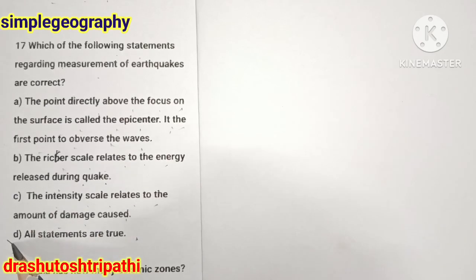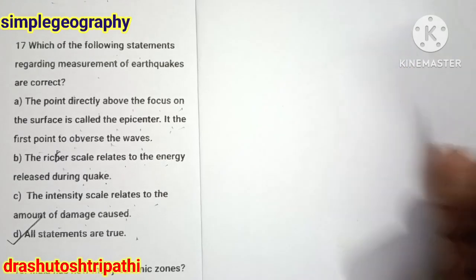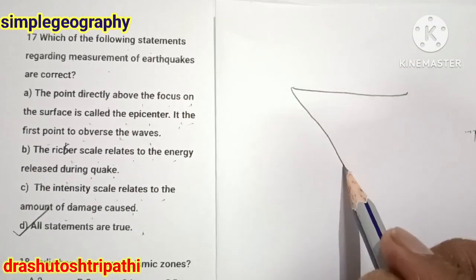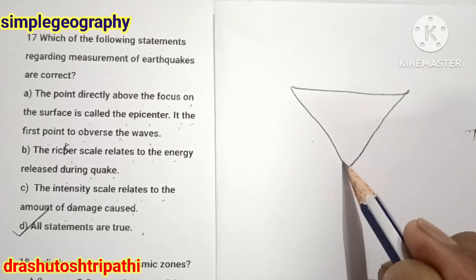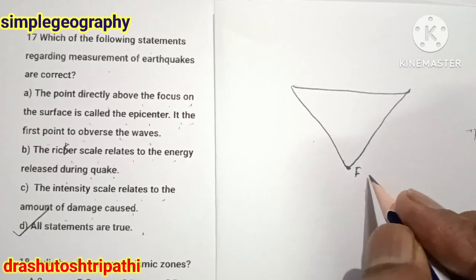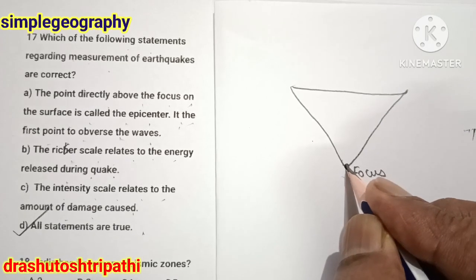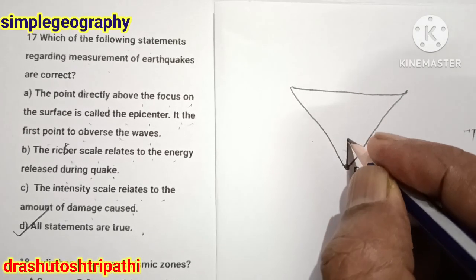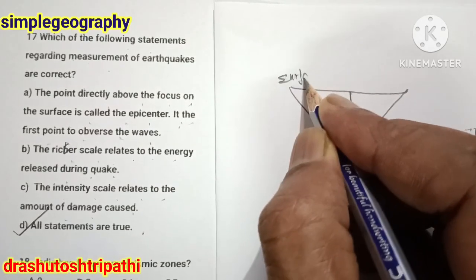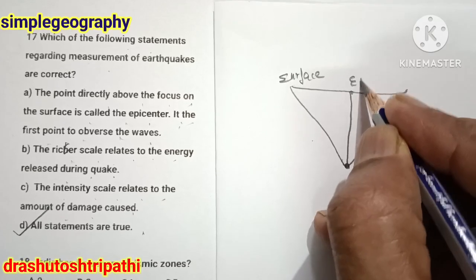The answer is D. If you see the picture of this one, this is the point focus, where the earthquake originates first, and at 90 degrees to this is the surface of the earth, and that point is known as epicenter.